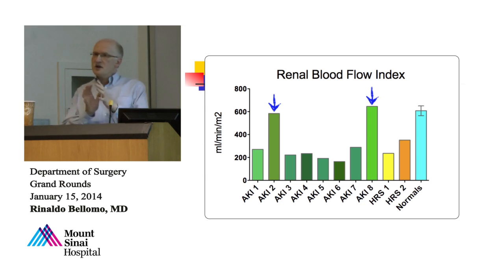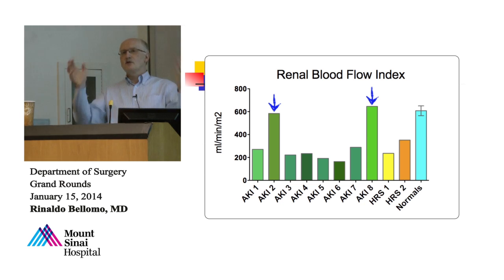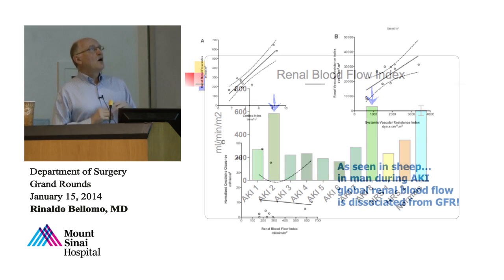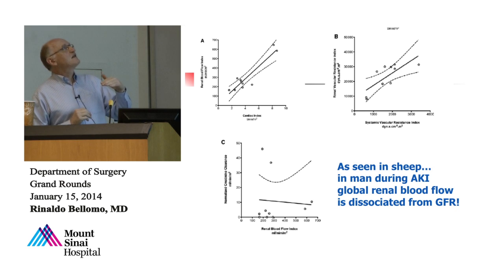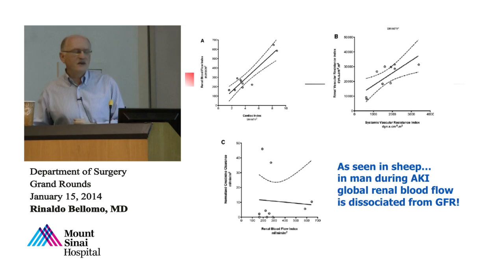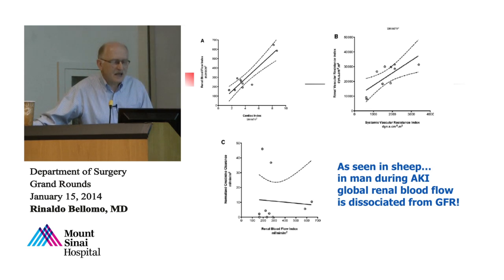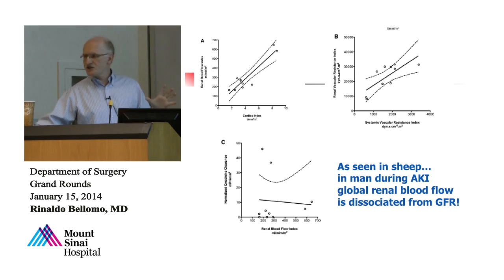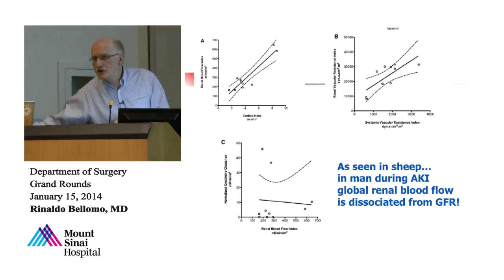So there appears to be a relationship between your overall hyperdynamic or overall cardiac output state and what's happening to the kidney. But what is particularly interesting here is that the renal blood flow had a relationship to the cardiac index, as I mentioned before. The calculated renal vascular conductance had a relationship with the systemic state of vasodilatation, but the renal blood flow was dissociated in human beings, again, from the function of the kidney.